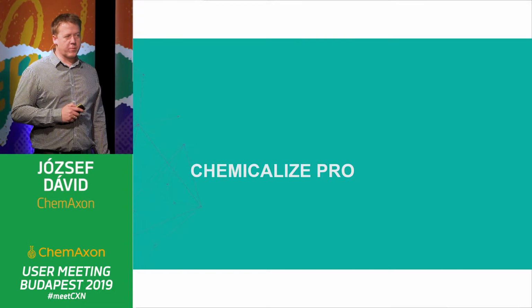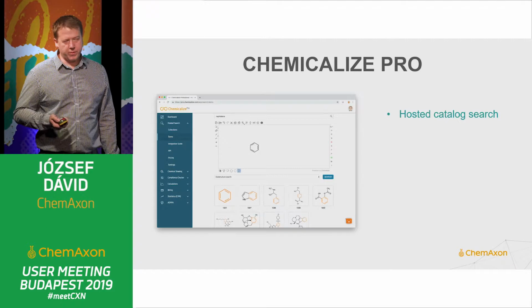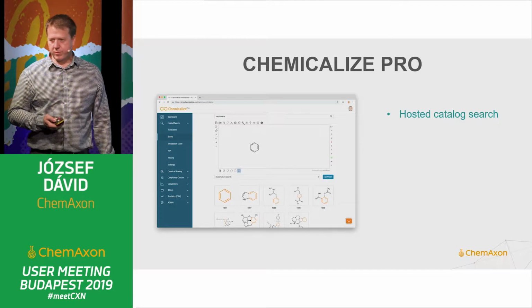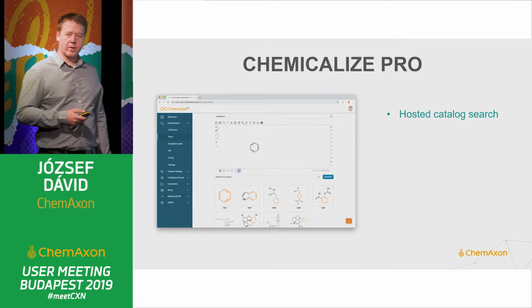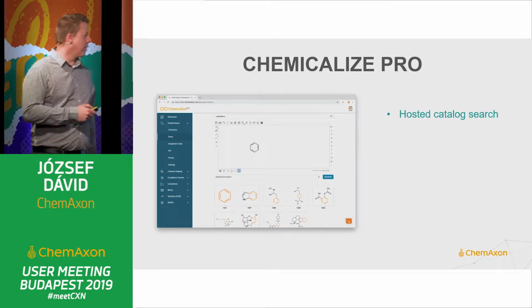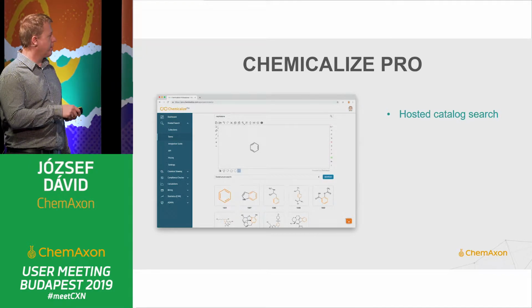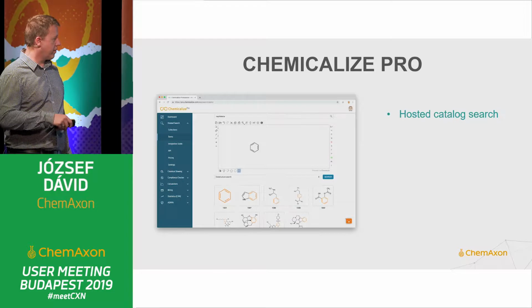And for the Chemicalize Professional, we also have a lot of features, just to highlight the most important ones. The hosted catalog search, which was created mostly for catalog companies. And if you just don't consider the left pane and the header, then only the content area remains.